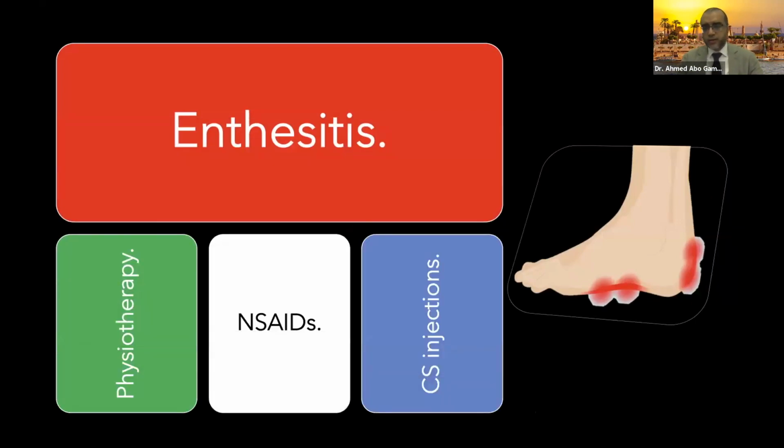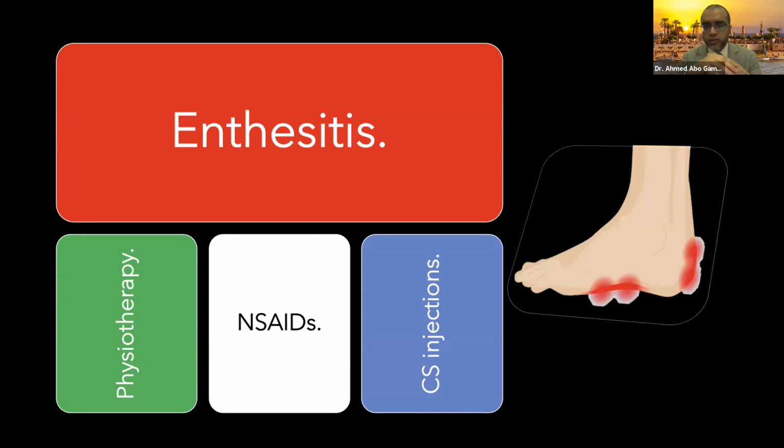For enthesitis, we start with NSAIDs and physiotherapy to control the inflammation, and corticosteroid injection. For corticosteroid injection, you have to differentiate the site of enthesitis, whether it is in a weight-bearing joint or not. In weight-bearing enthesitis like the Achilles tendon, it is very dangerous to go for injection without guidance, so you may injure the tendon and end up with tendon rupture.